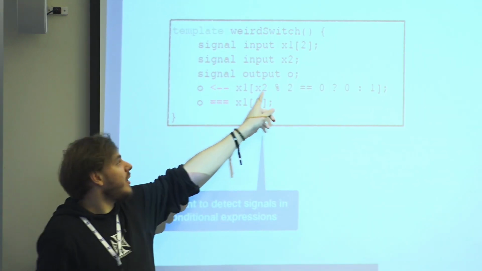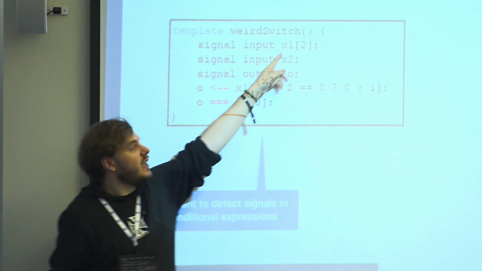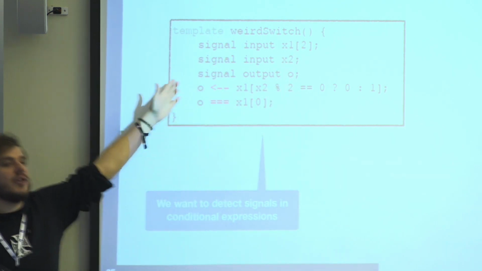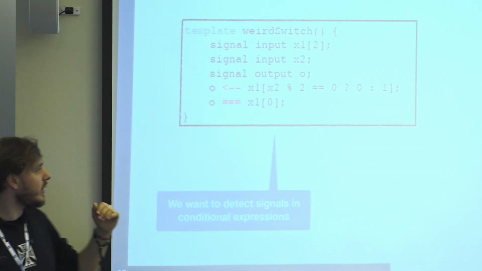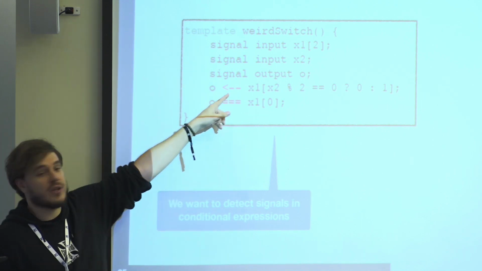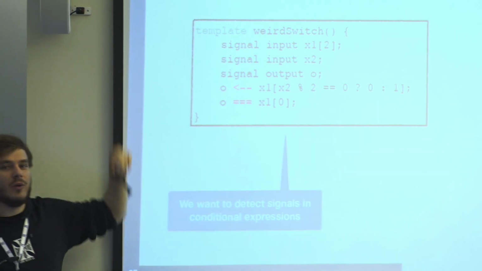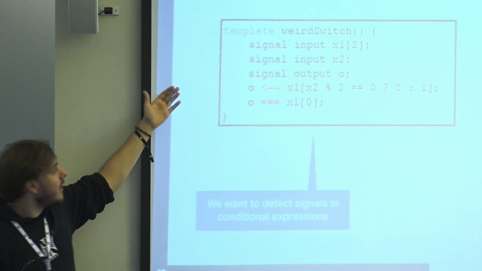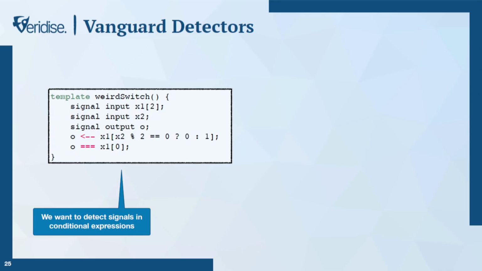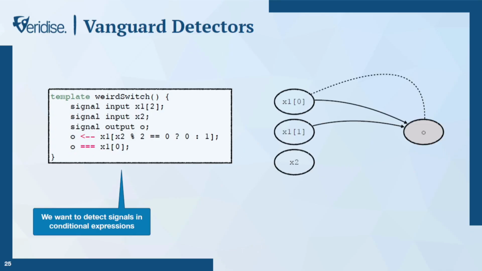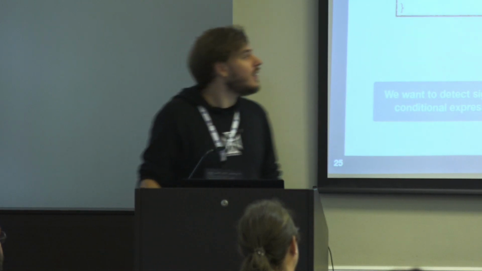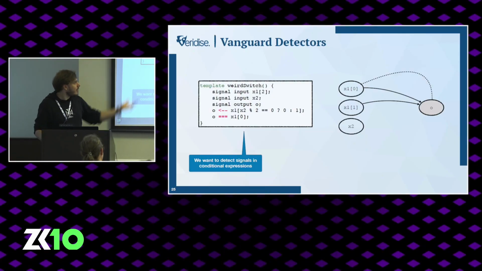So depending on the value of x2, we will use either signal. That's non-deterministic. And I got away with that because I use a single arrow, so Circom will not complain about that. And then I just constrain that for good measure. So we get that graph. And then again, the question is, how can we build an algorithm over the graph that detects that issue?